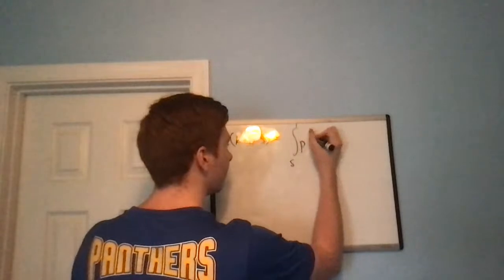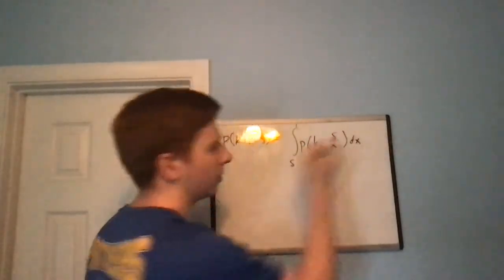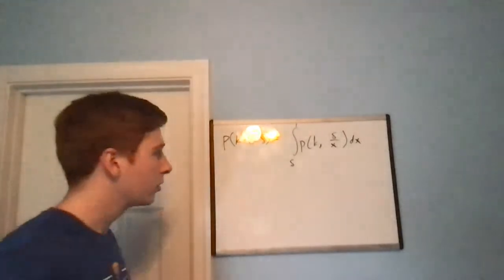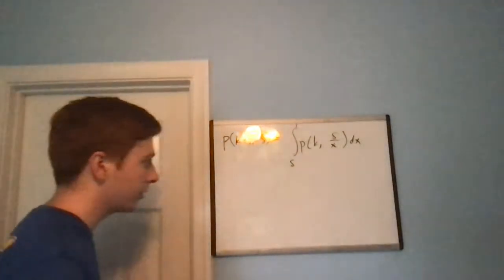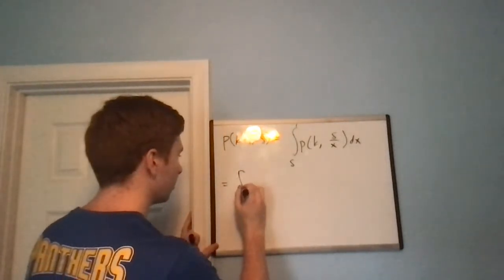That's just really not that important, but it's good to be detailed like that. P of k, comma delta over x dx. Okay, that's the integral that we got. Now, we know what the formula for this is, or at least that's the inductive hypothesis. So let's go ahead and plug it in.